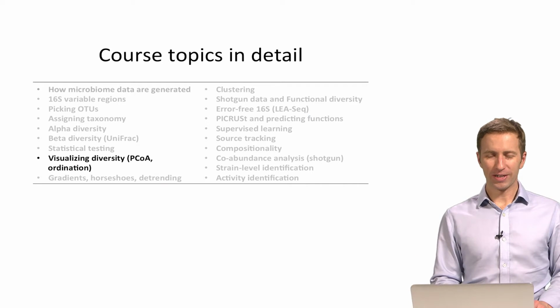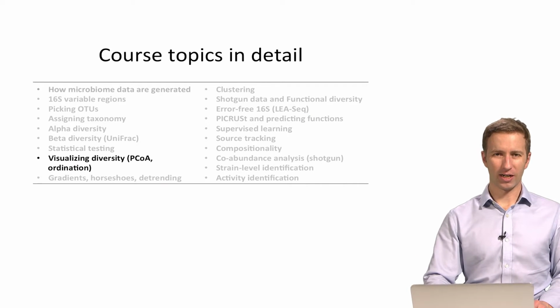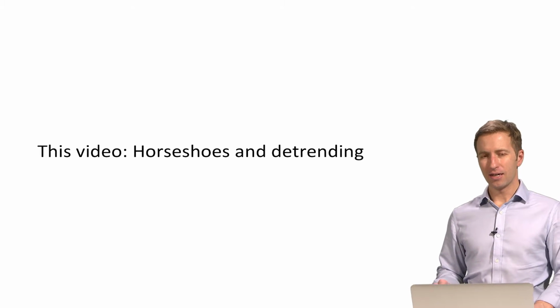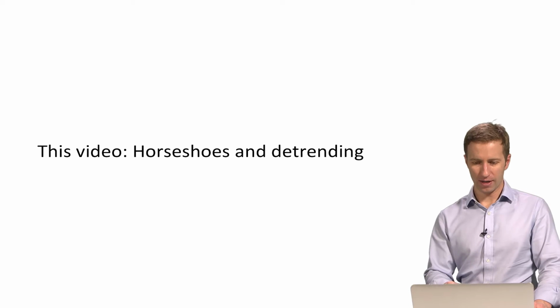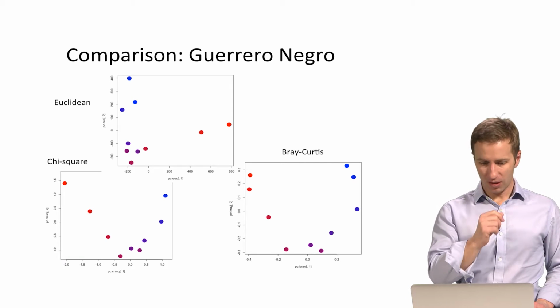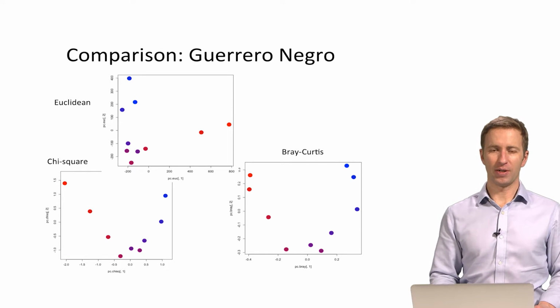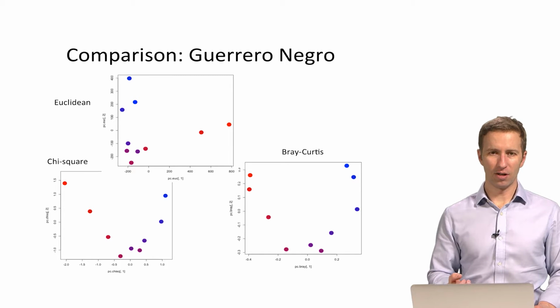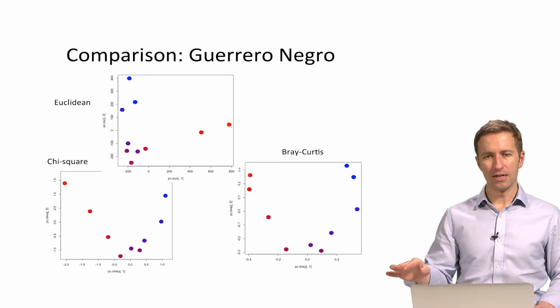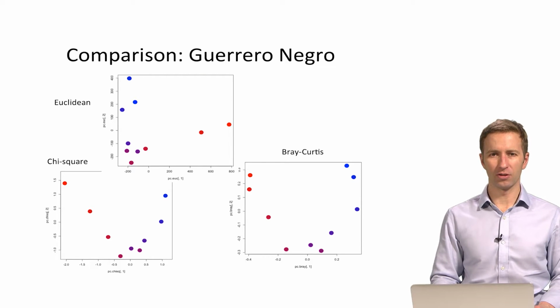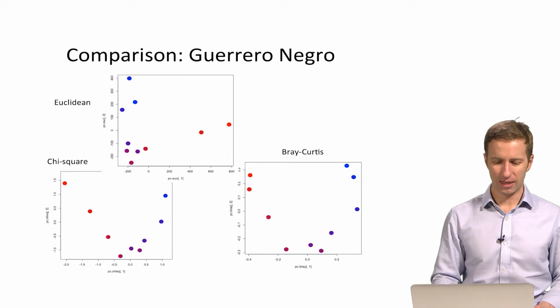In this video, we will continue to discuss ordination techniques, specifically the horseshoe effect, sometimes called arch effect, and detrending. Now, we've seen how different distance metrics can do a better or worse job at recovering a gradient in a particular set of microbiome data points.